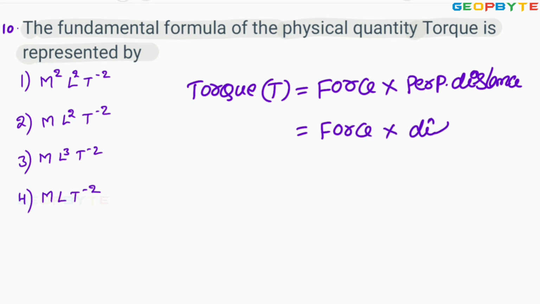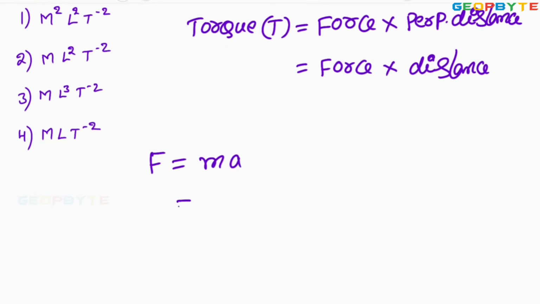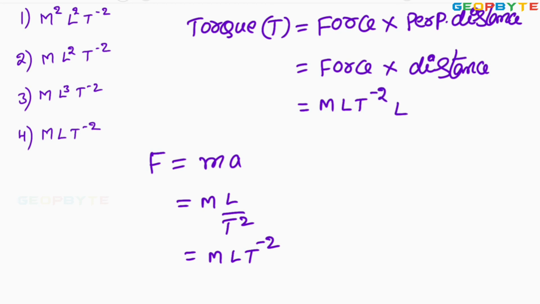You know, force F equals m a, which is M L by T square. It can be written like this: M L T power minus 2, into distance L. It is equal to M L square T power minus 2. So this is the dimensional formula for torque.